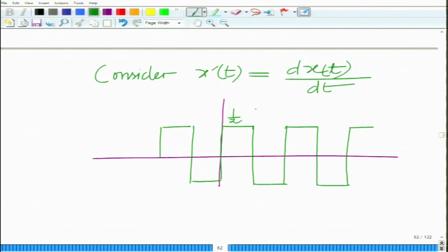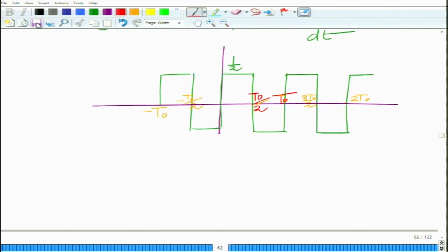So, this is T naught by 2, this is T naught, 3 T naught by 2, twice T naught, minus T naught by 2, minus T naught, and so on.